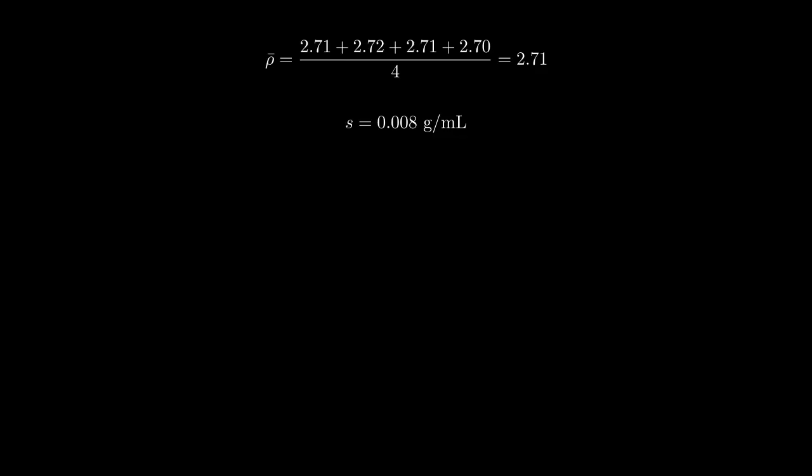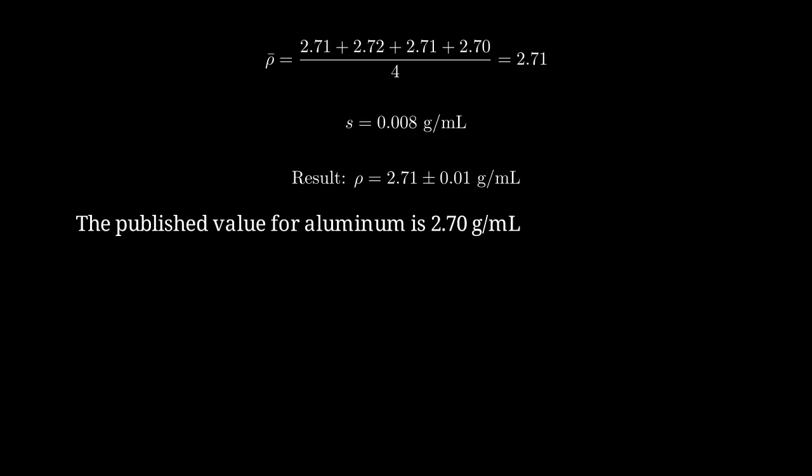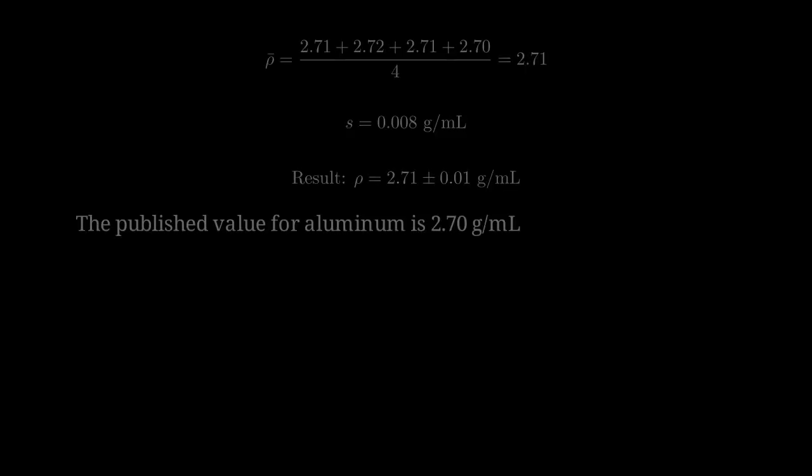The standard deviation is 0.008 grams per milliliter, which shows our measurements were quite consistent. We report the result as density equals 2.71 plus or minus 0.01 grams per milliliter. The published value for aluminum density is 2.70 grams per milliliter. Our result is very close. The small difference is within our experimental uncertainty.